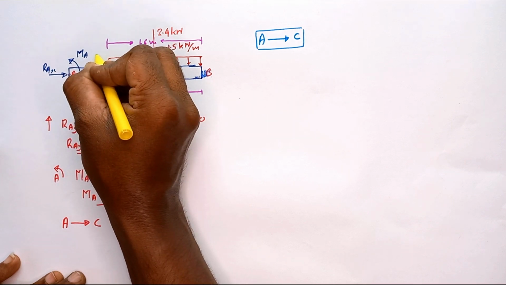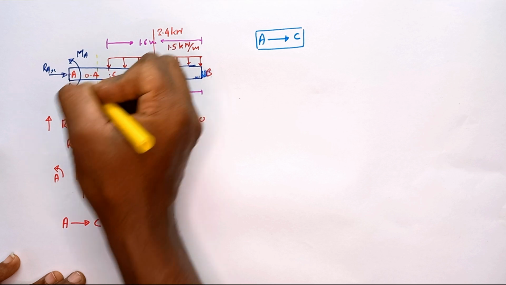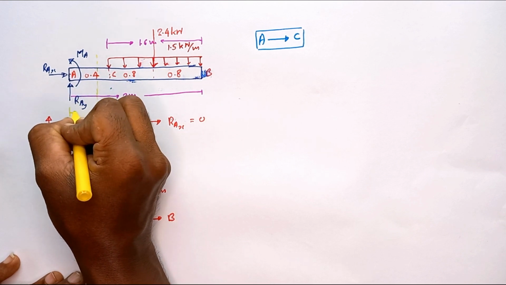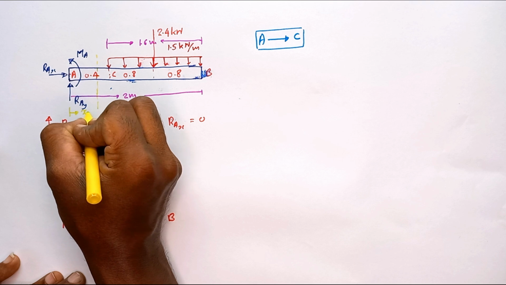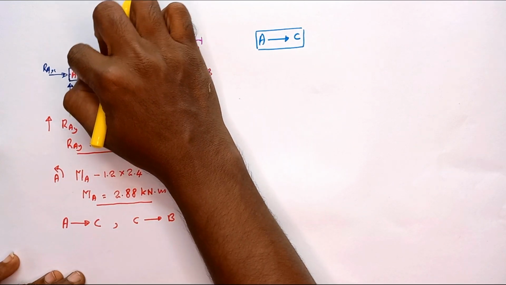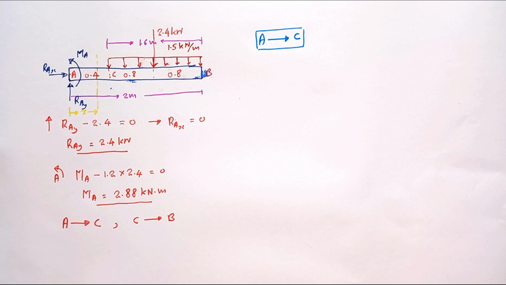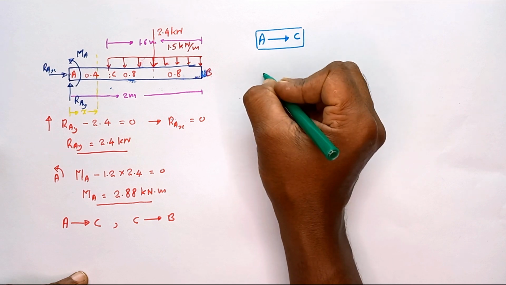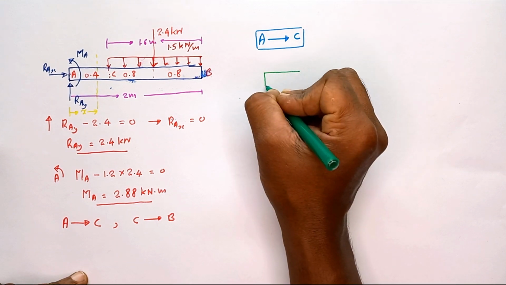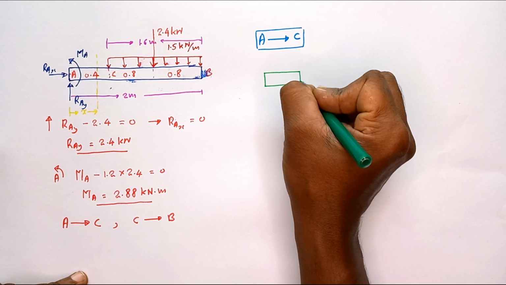So I am going to introduce the imaginary cut somewhere here, at a distance x from the A end. Then I am going to consider this left-hand side beam part. Let me draw the left-hand side beam part. That means we have to draw the free body diagram for the separated left beam part.